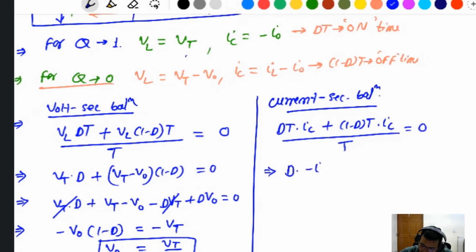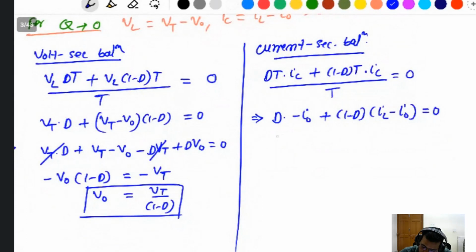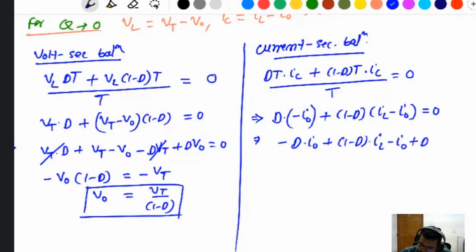D into minus of I naught plus (1 minus D) into IL minus I naught, minus D into I naught plus (1 minus D) into IL minus I naught plus D into I naught is equal to 0. D into I naught will cancel out. I naught is equal to IL into (1 minus D).